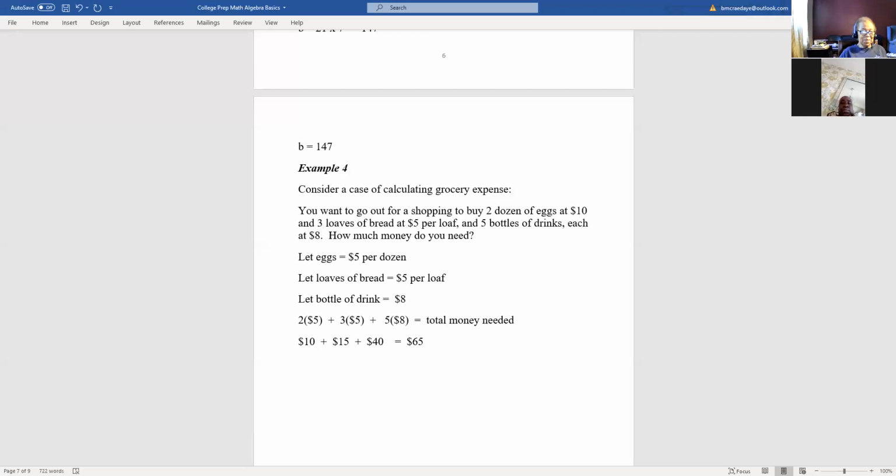Okay, that's expensive. It certainly is. I don't pay $5 a loaf of bread. I get it on sale. $5 is a lot for a loaf of bread. And I don't pay five dollars for a dozen eggs either. My friend tells me he pays $8 for a dozen eggs. What are they, golden hens?